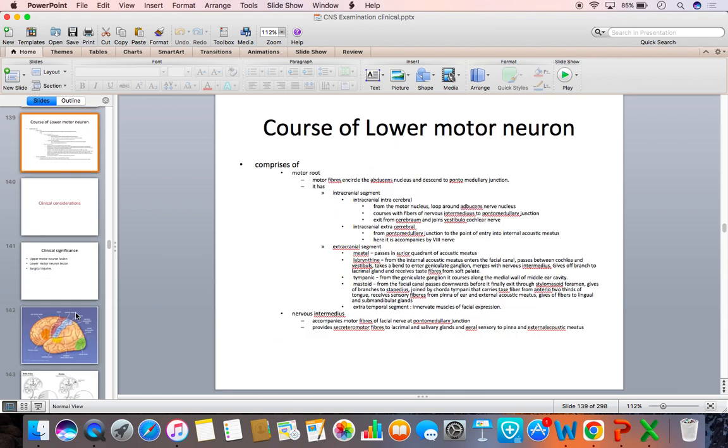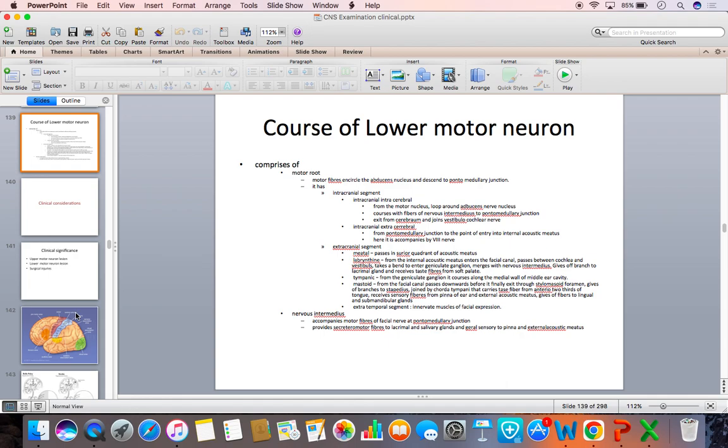Then coming to the motor pathways, that is lower motor neuron. Lower motor neuron and its course is very important to be understood by the students.